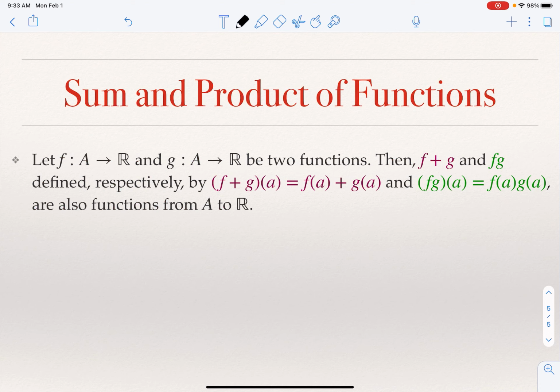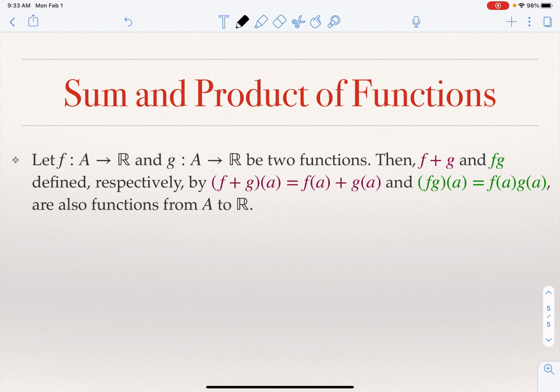The last concept I want to talk about here is the sum and product of two functions. It's a very simple concept. So suppose we have two functions f and g. They are defined from a set A to the real numbers. Okay, we insist on the real numbers because we need to be able to add the numbers and to multiply them. I could not map to a set that has a, b, c because I don't know what it means to add letters.